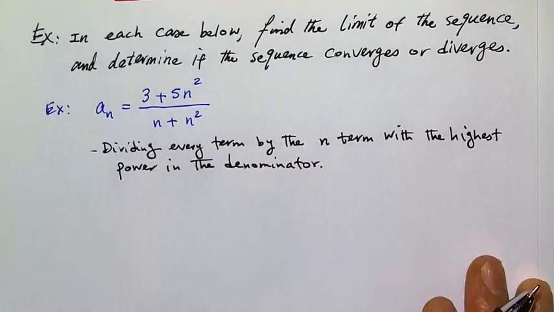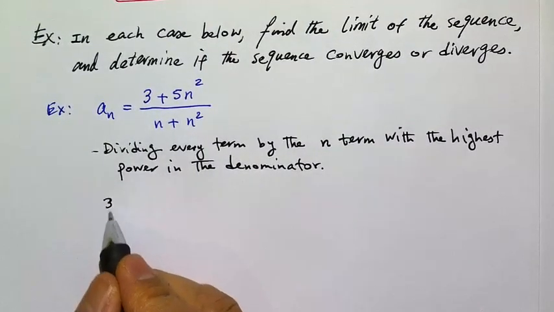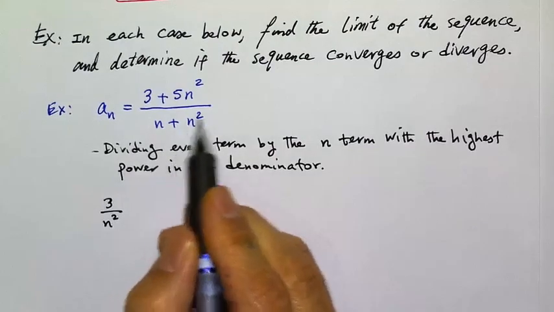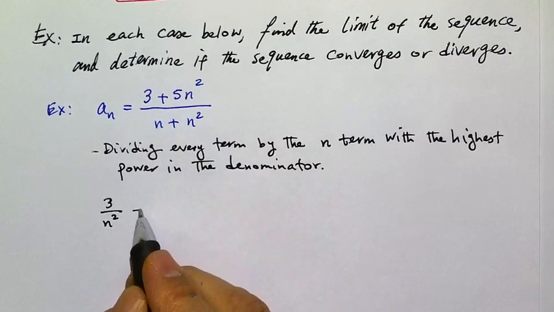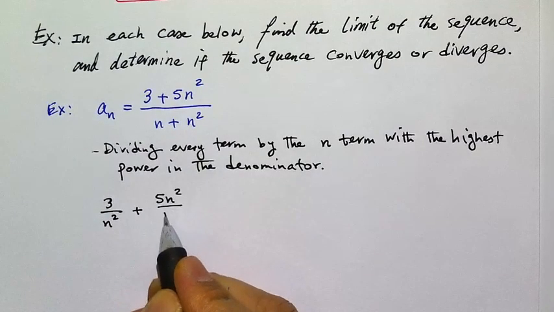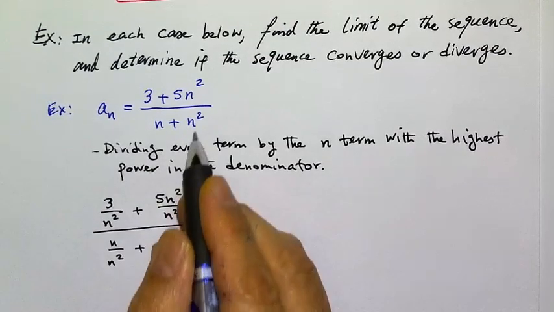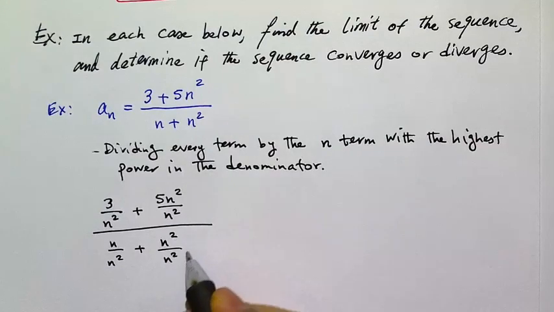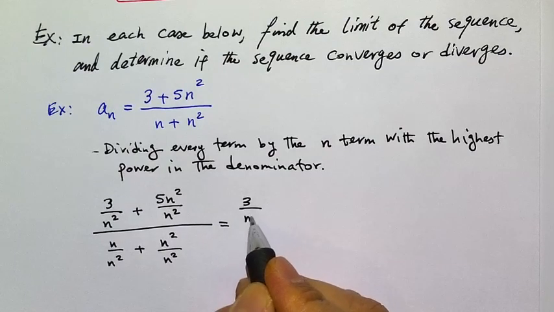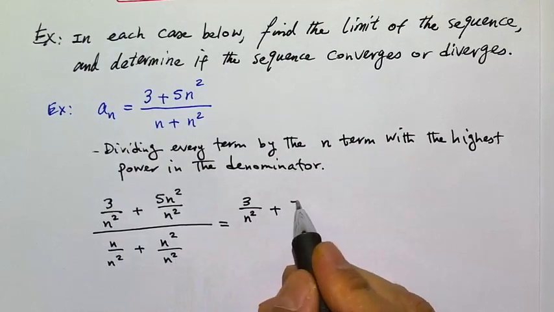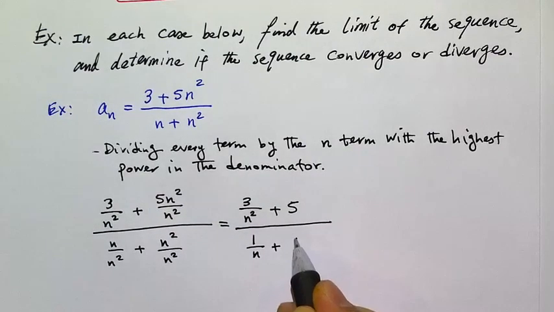This is what we're going to get. Each one of these divided by n squared: 3 divided by n squared, plus 5n squared divided by n squared, n divided by n squared, plus n squared divided by n squared. Let's simplify this. We get 3 over n squared plus 5, divided by 1 over n plus 1.